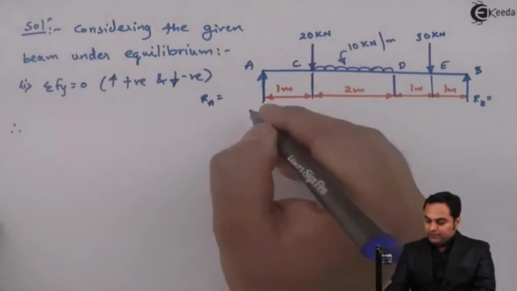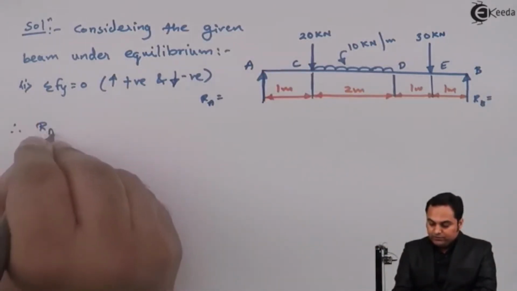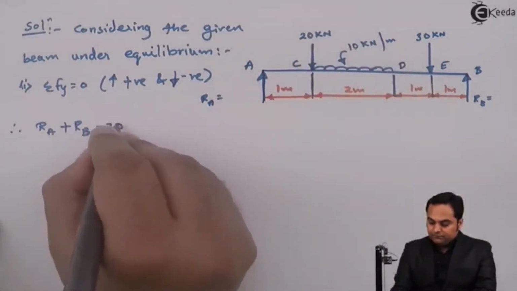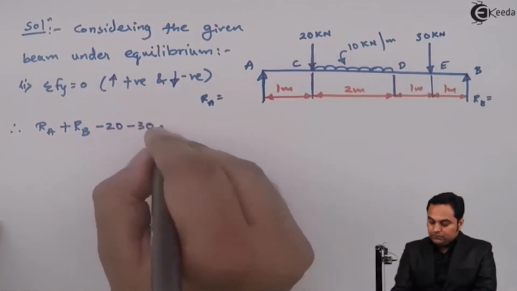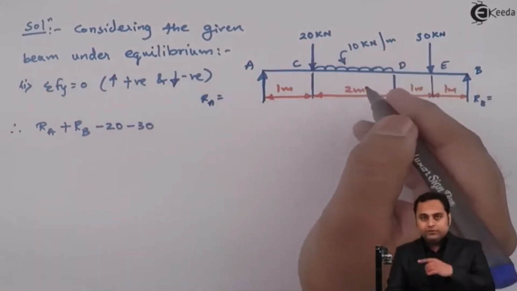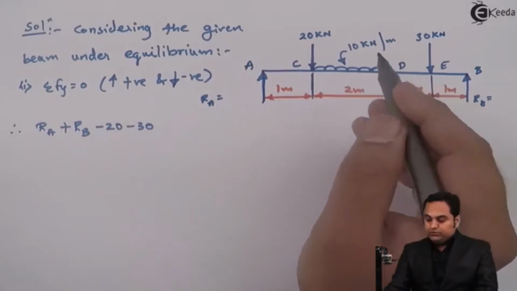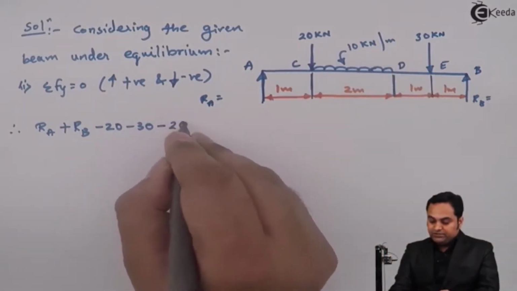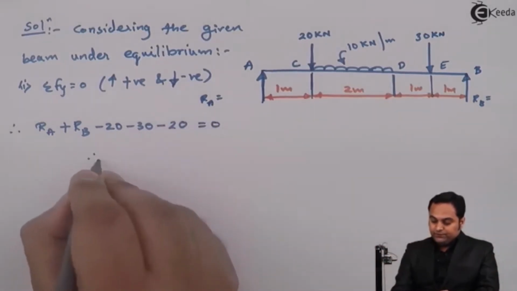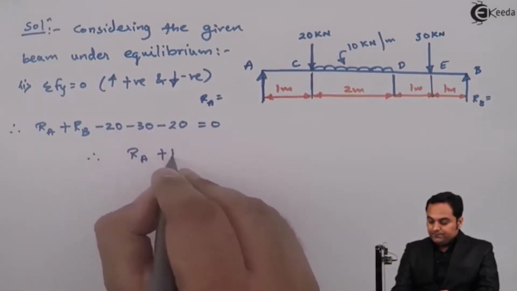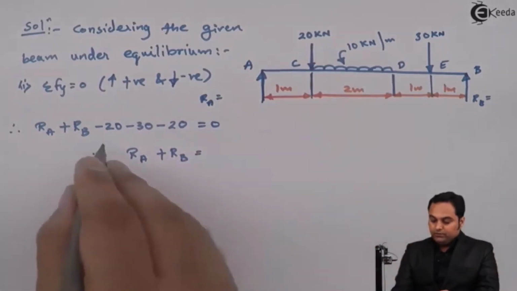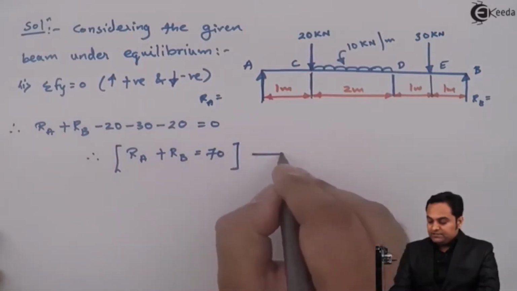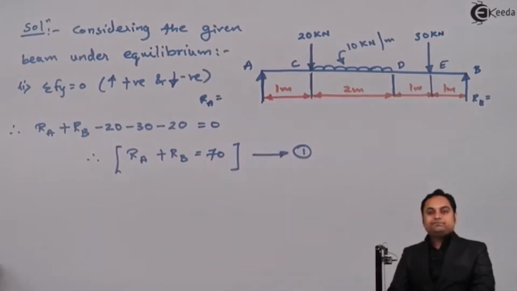So we have Ra plus Rb, both are upward, minus 20, minus 30, then 10 into 2, because I have to convert the UDL into point load, so it is 10 into 2, that becomes 20 and acting in the downward direction, so negative, is equal to 0. Therefore Ra plus Rb will be equal to 70, and I'll keep this as the first equation.